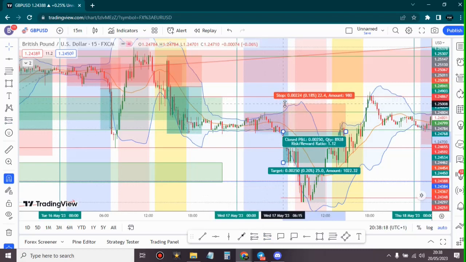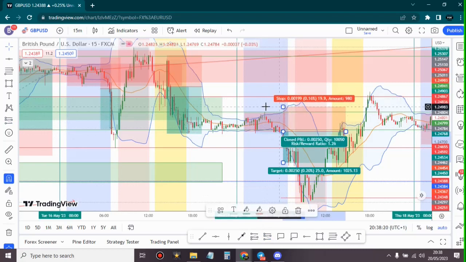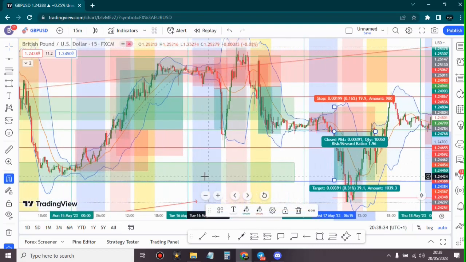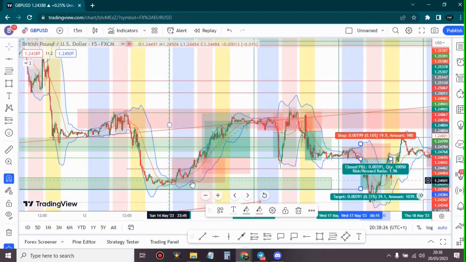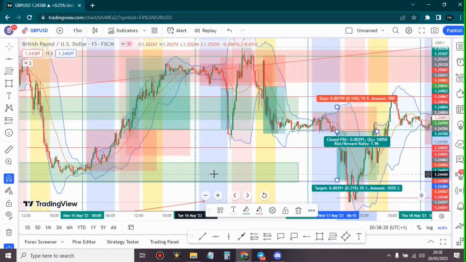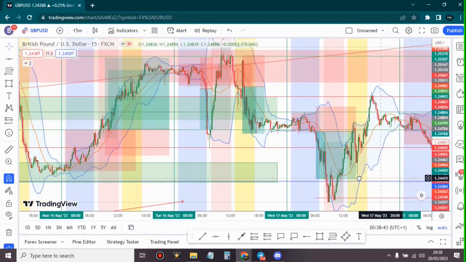I'll put my stop loss just above the Asian range, and for my take profit I'll decide to flow with the swing low of Monday, because this is a swing low of Monday, so I can't expect much. So this Monday low is where my take profit will be, around this area, and I'll just wait and see what happens.